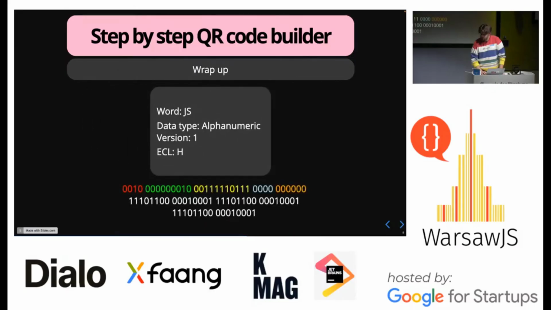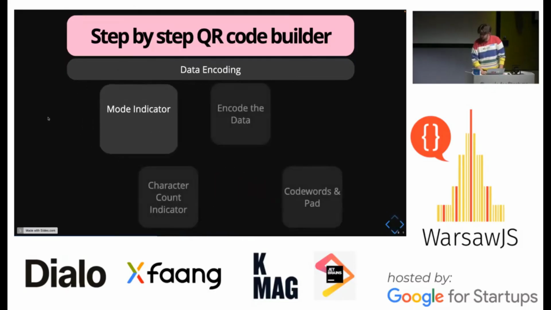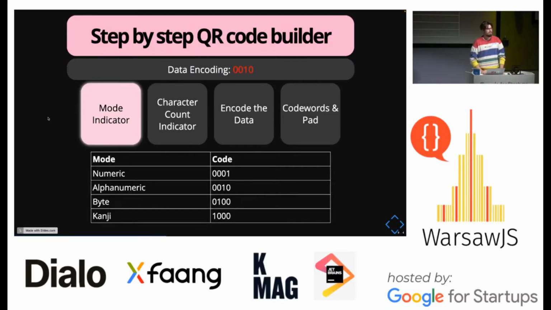Oh, this one, the red one. I think this is for the QR codes. That's a good question. I don't know, sorry, really, I don't know why that is. But that's a very good question. I will check it out.